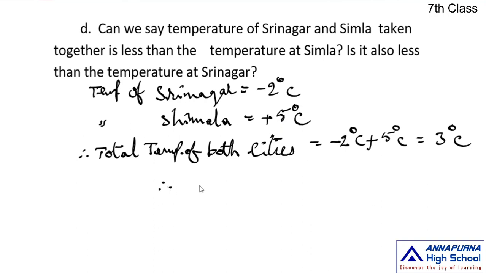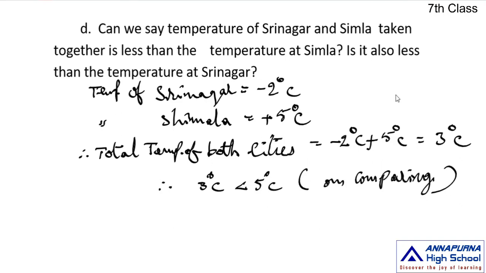Therefore, 3 degrees centigrade is less than 5 degrees centigrade on comparing. Now, second one. Is it also less than the temperature at Srinagar?